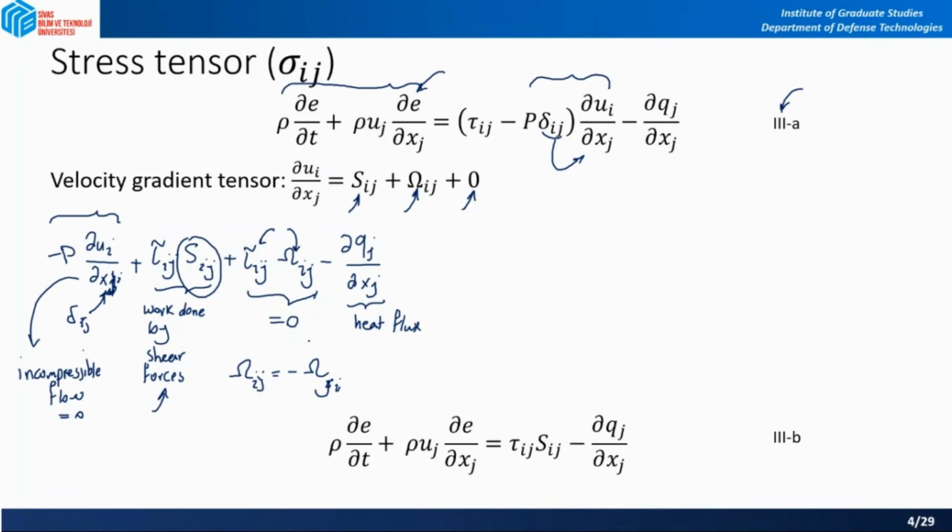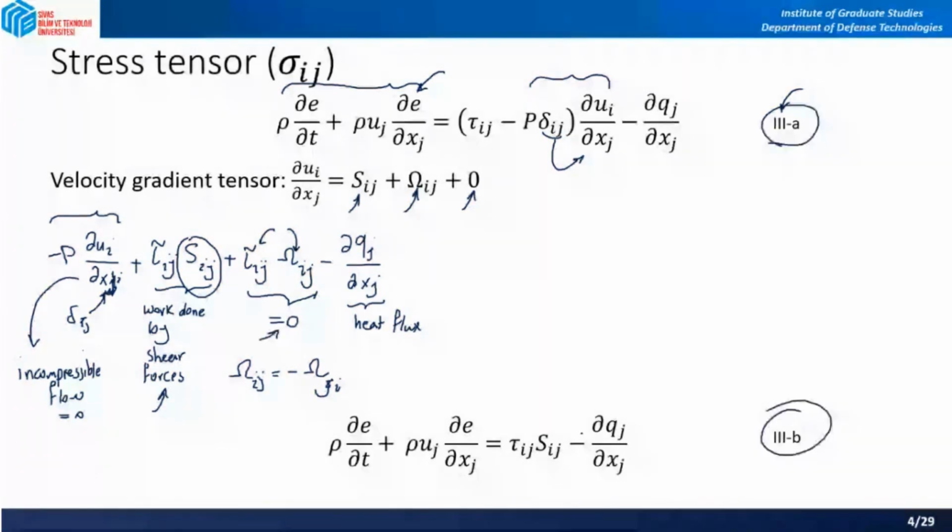So you use this to show that this will be equal to zero. So after this simplification, this equation will become this equation that I wrote in here.